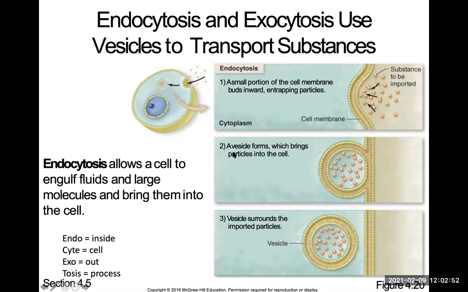Let's say this is an amoeba swimming at the bottom of a pond and it sees some food. It's going to start drawing its plasma membrane inward, and eventually it's going to turn into a vesicle and bring that food inside. So engulfing things inside is endocytosis.